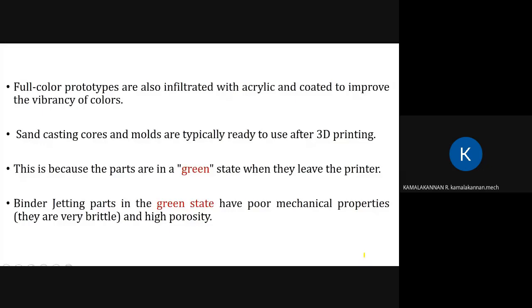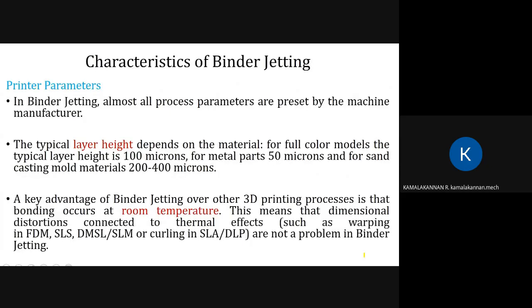Okay, so let us see the characteristics of binder jetting. First characteristic, printing parameters. As with others, here the layer height is a typical one. Usually this is preset in the machine because we are going to use only a few materials here: sand, ceramics and metal.